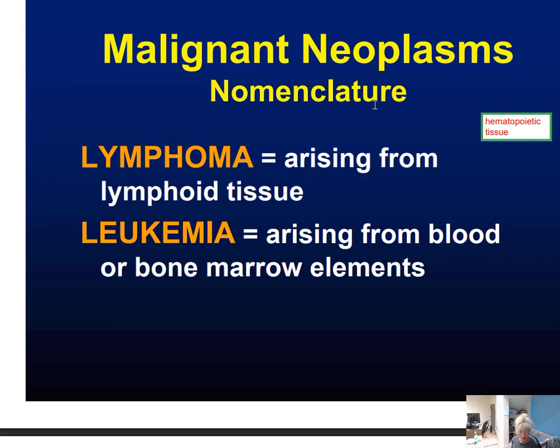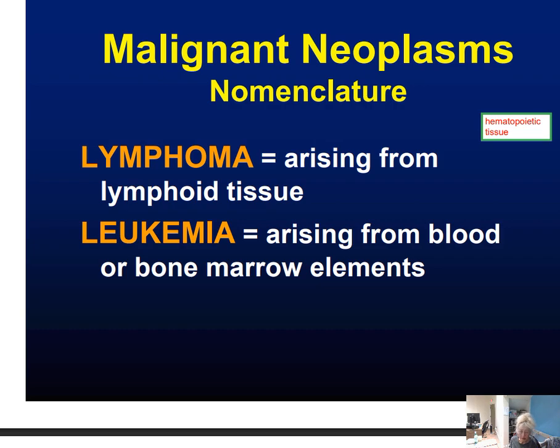Malignant neoplasm nomenclature continued. A lymphoma arises from lymphoid tissue, and leukemia arises from blood or bone marrow elements. So you want to think of your hematopoietic system. Your hematopoietic system makes a lot, doesn't it? It makes your T cells, your B cells, all your white cells, and your red blood cells.